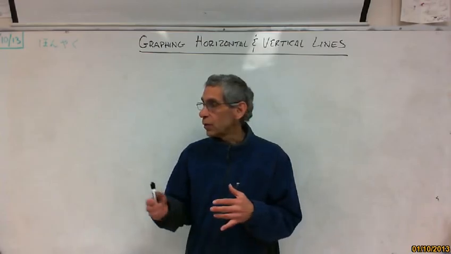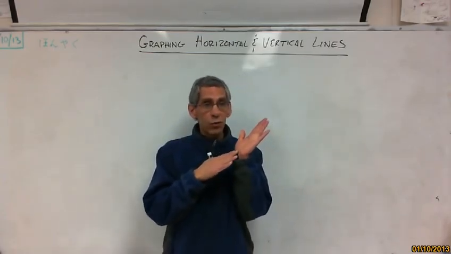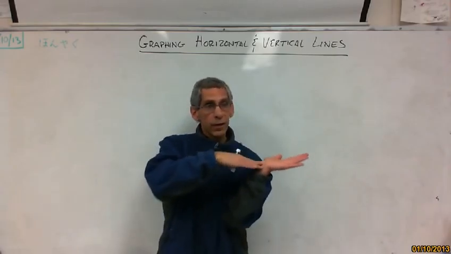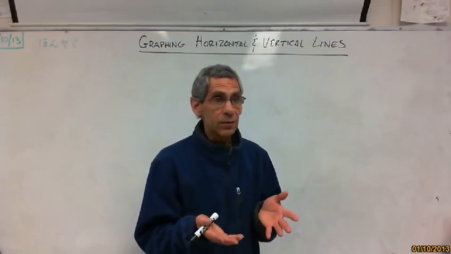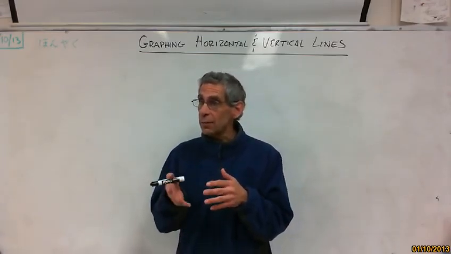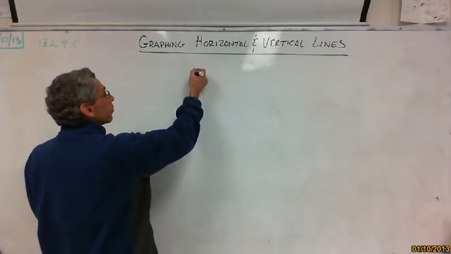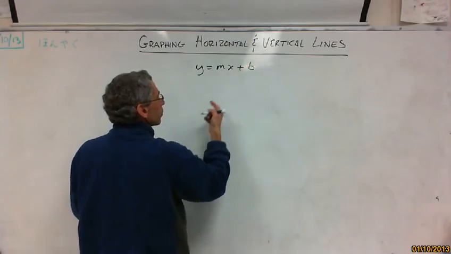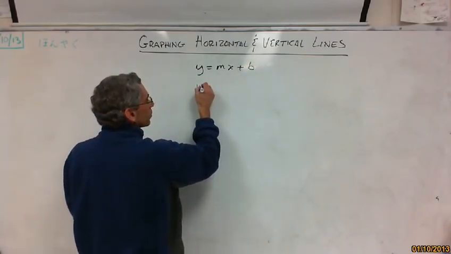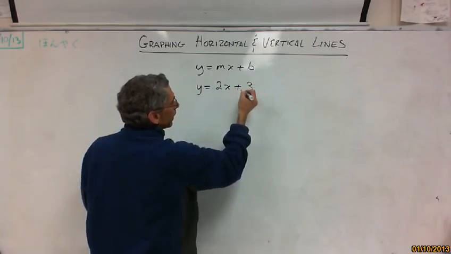And then point slope form, right? But this is going to be different from all of those, which were ones where there was a slope. There was an x. You had y equals something x plus something, usually. So you had y equals mx plus b, for example, y equals 2x plus 3.